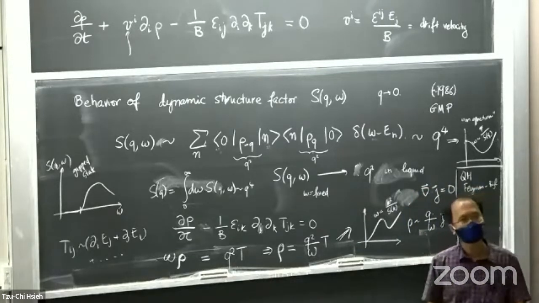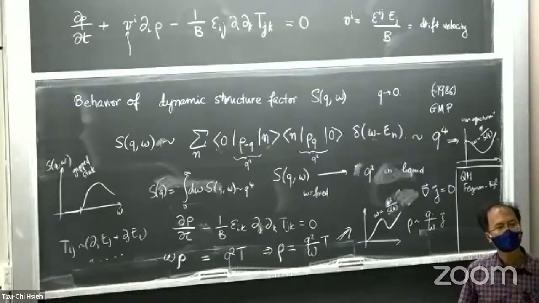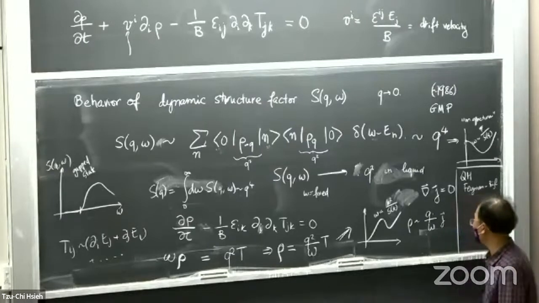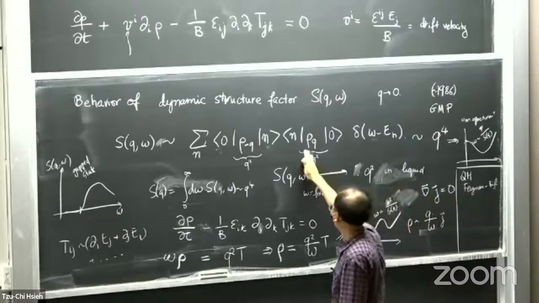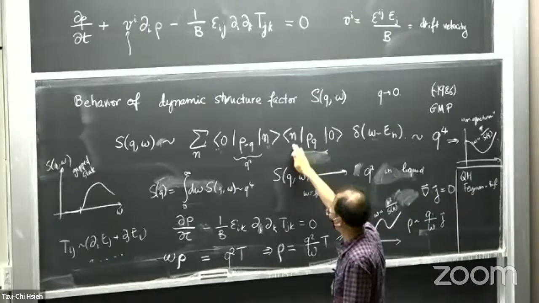Perhaps you can comment on what the static structure factor means experimentally, or what the q to the 4 means. How do you see that experimentally? Experimentally, this one is not directly measured. We have to have a probe that probes the density of electrons.